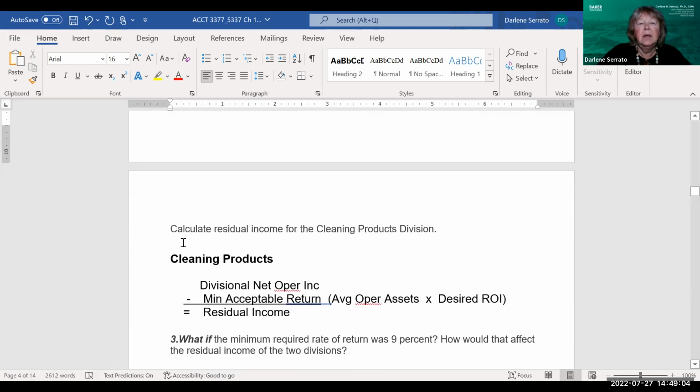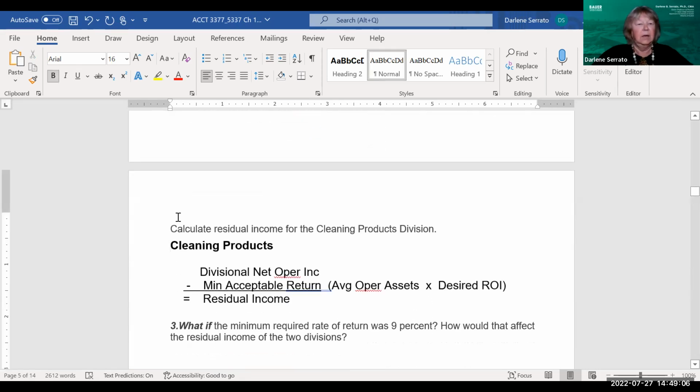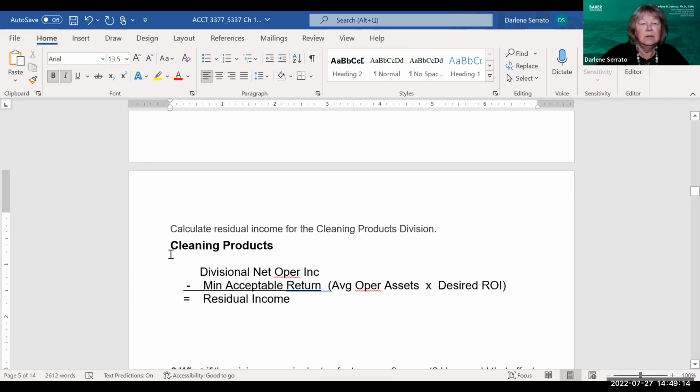Okay. Now we're going to calculate this for cleaning products. So for cleaning products, the divisional operating income was 1,252,800.